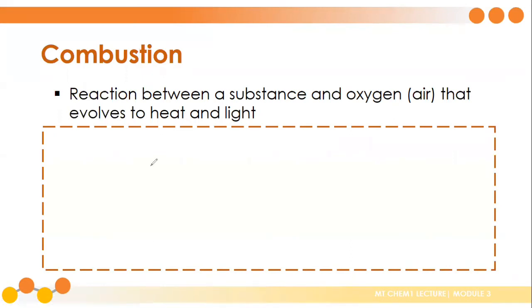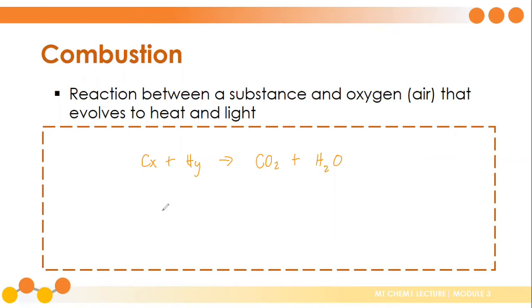For combustion, we have CxHy plus oxygen will produce carbon dioxide and water. Sometimes carbon dioxide is replaced by other toxic gases. We'll take a look at them later on with our examples. But let's take a look at this example first.